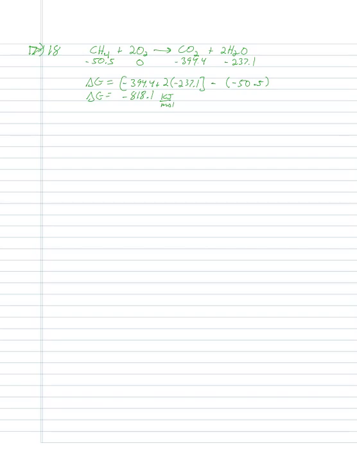All right. Let's see, 19. Similar to the problem we did a little bit earlier. We're looking at spontaneity. We have delta G is equal to delta H minus T delta S. We're told that delta H is negative, and we're told that delta S is negative. So before we had a positive and a positive, now we have a negative and a negative.